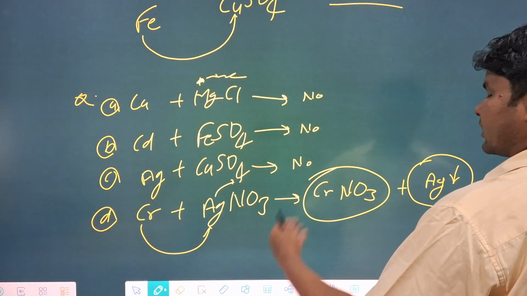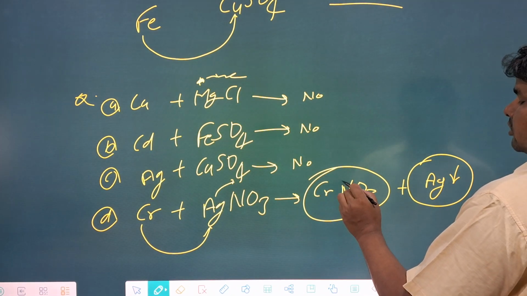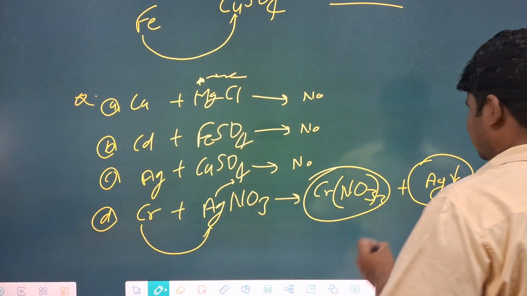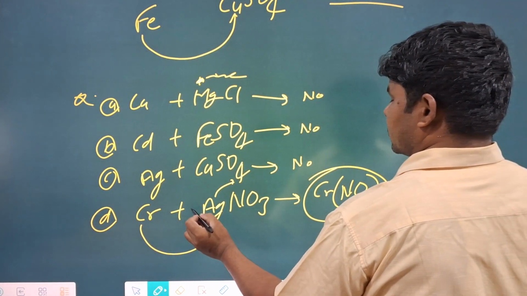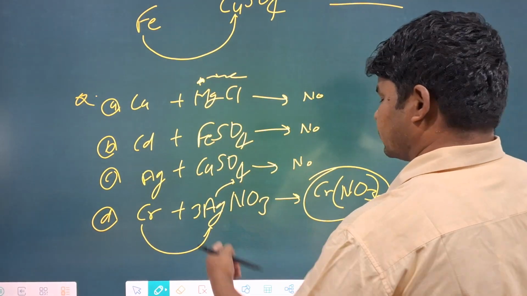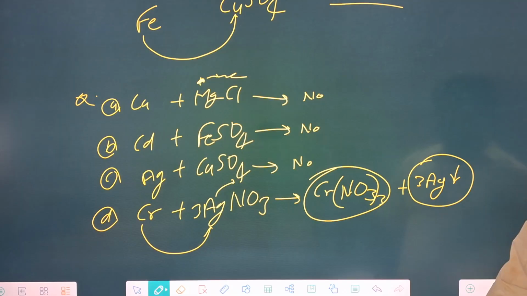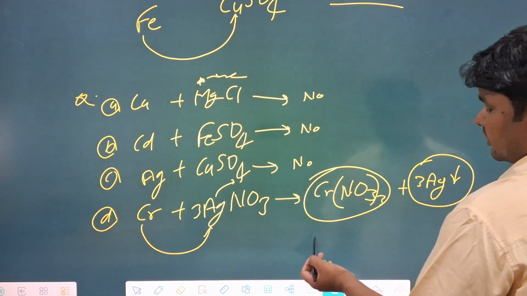If 3 electrons are released by chromium, then the reaction becomes chromium trinitrate, and to balance the given chemical reaction, we can multiply silver nitrate by 3, and 3 silver can be easily gained.